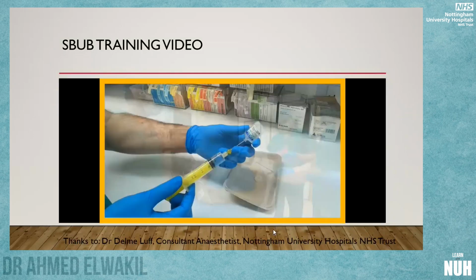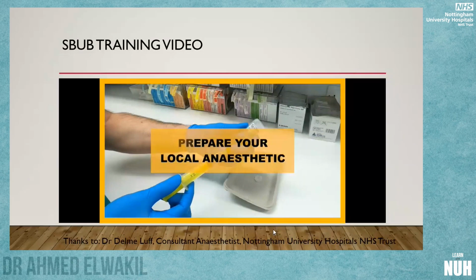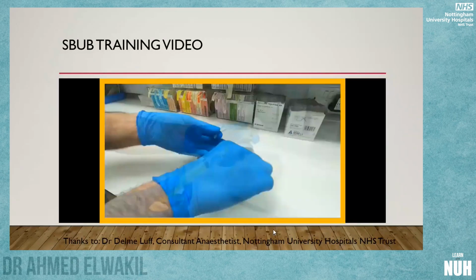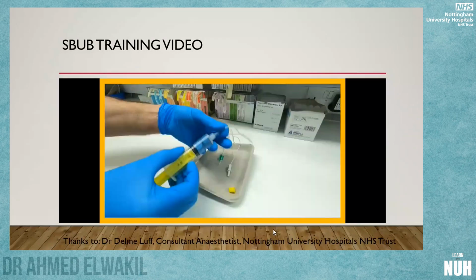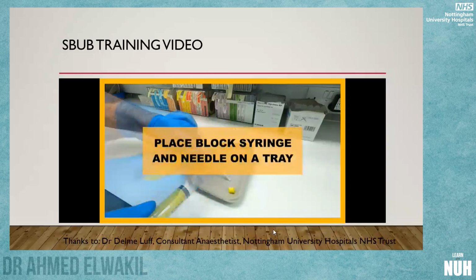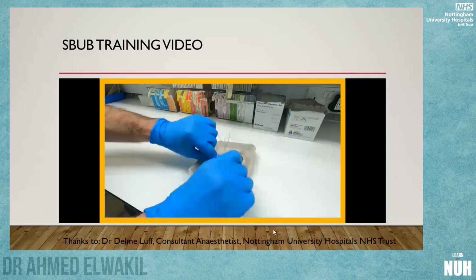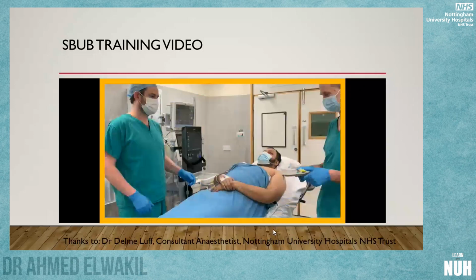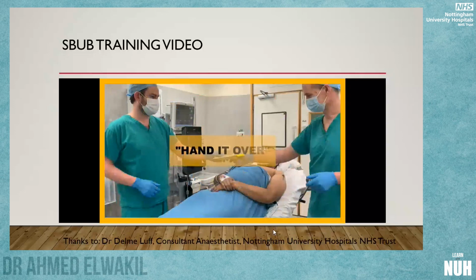The blocker draws up the local anaesthetic and places the labelled syringe along with a suitable nerve block needle on a dedicated tray or container separate to the intravenous drugs. This tray is then handed to the assistant, out of the blocker's immediate reach.